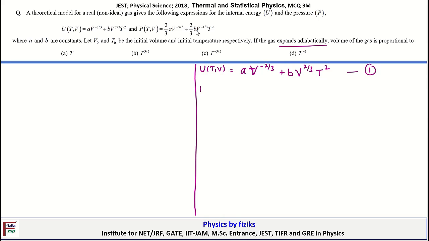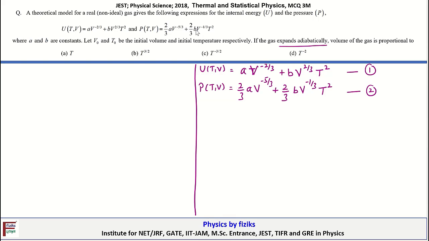And we are also given the pressure as a function of T and V, which is equal to 2/3 of A B V power minus 5 by 3 plus 2 by 3 B V power minus 1 by 3 T square. So let's call this equation 2.